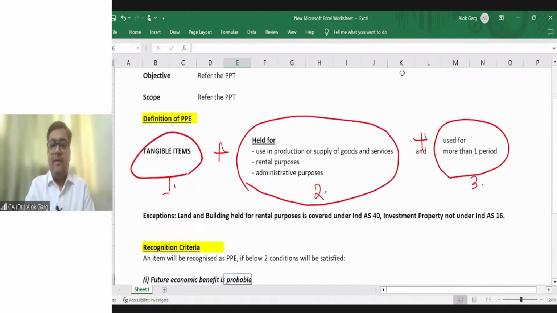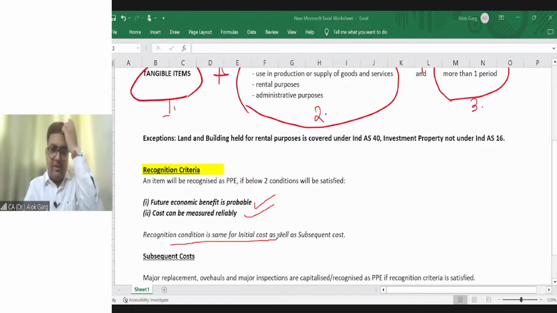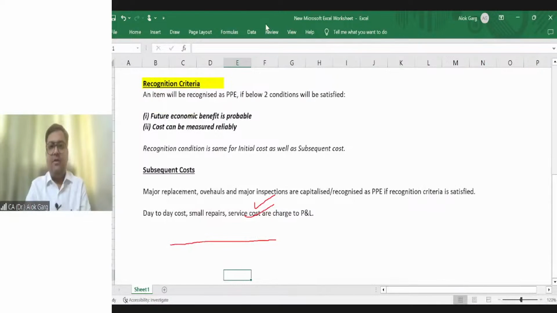Recognition criteria: an item will be recognized as PP if two conditions are satisfied. Future economic benefit is probable, and cost can be measured reliably. The recognition criteria is the same for initial cost as well as subsequent cost.